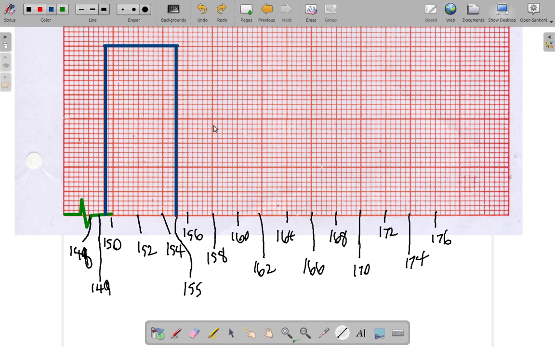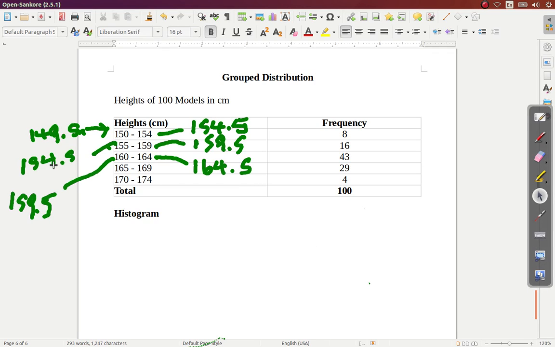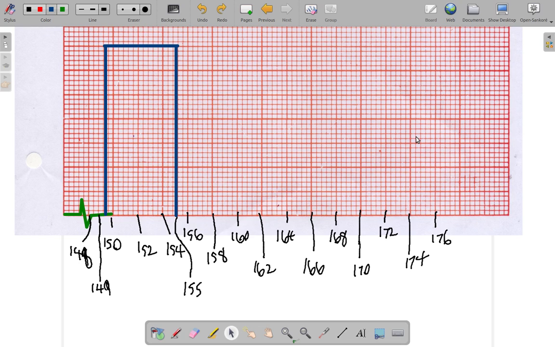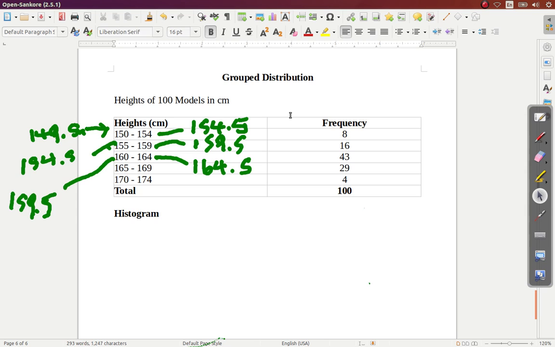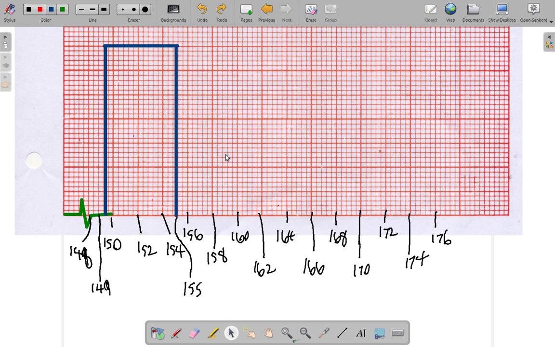Then for the second class, 154.5 up to 159.5. So 154.5, you've already, let me go back here, backtrack a bit. The first class ends at 154.5. Let me just make sure. This is at 155. I drew this over at 155. 154.5 is halfway between 154 and 155.